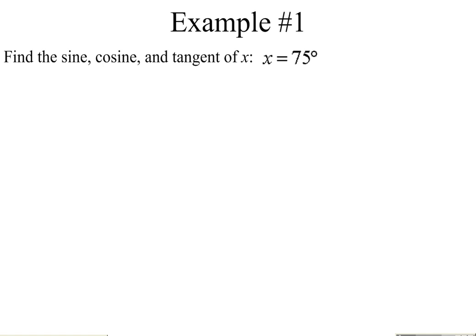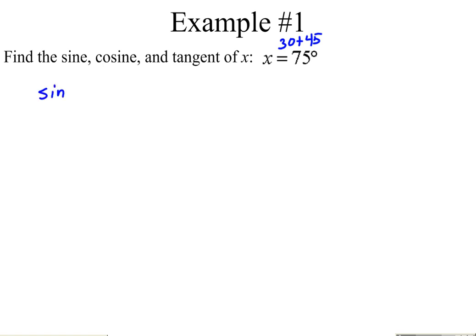We know our 30, 60, 90 triangles, we know our 45, 45, 90 triangles, and everything we've drawn as far as reference triangles has been a multiple of one of those two triangles. So in this case, we need to break 75 down into two angles that we do know how to find exact values for. What two angles add up to 75 degrees? 30 plus 45. So we're going to use our sum identity for sine here to begin.